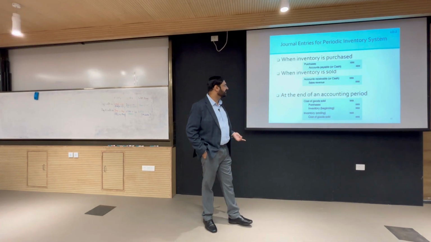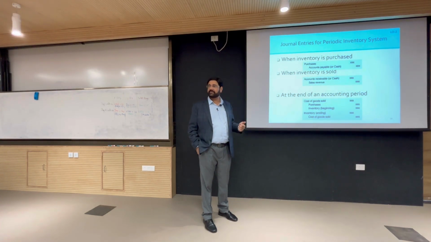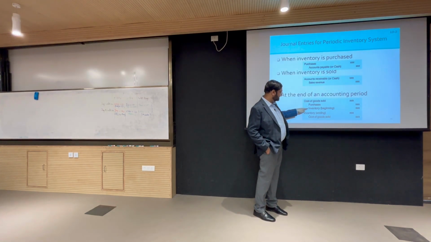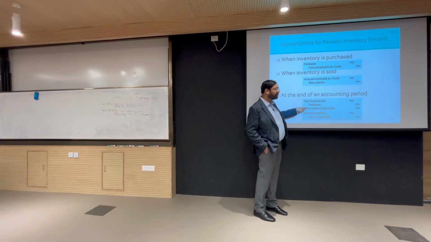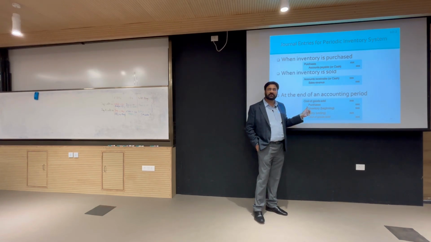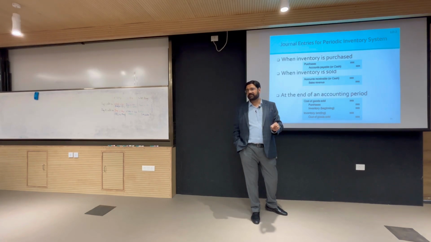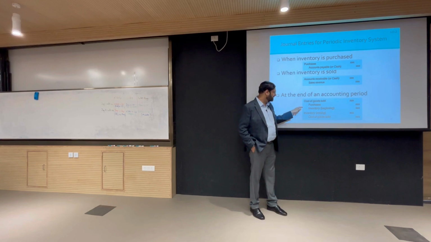And then what do you do at the end of the accounting period? Look at this. What we just saw in the previous slide was opening stock plus purchase minus closing stock is cost of goods sold.